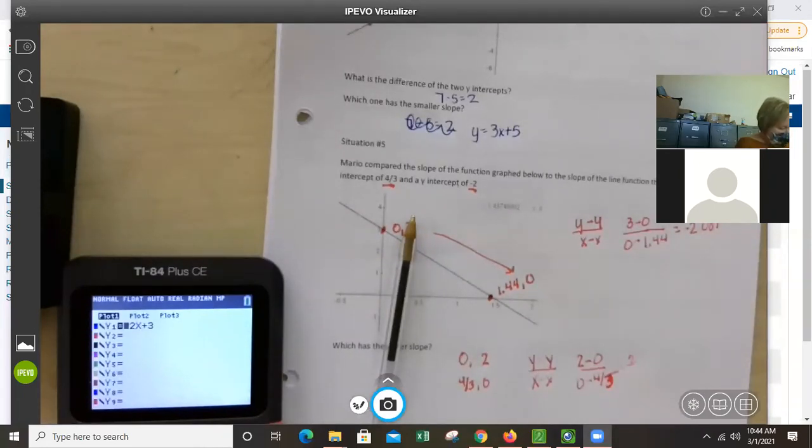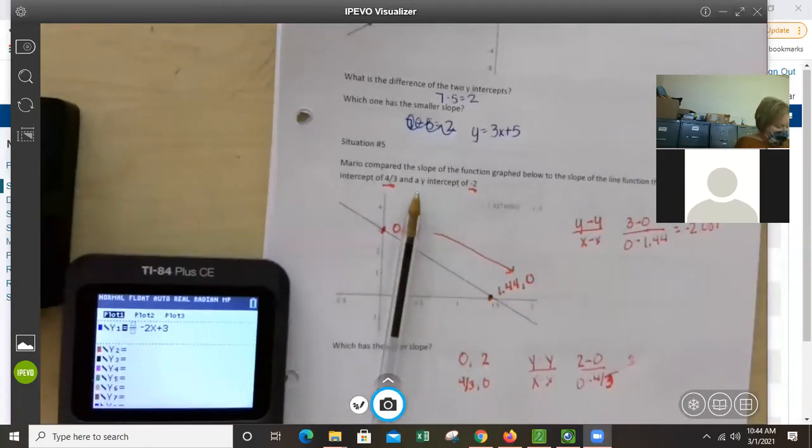I'm going to go to alpha y equal and do it. Has anybody got anything different? What did you do when you corrected it?